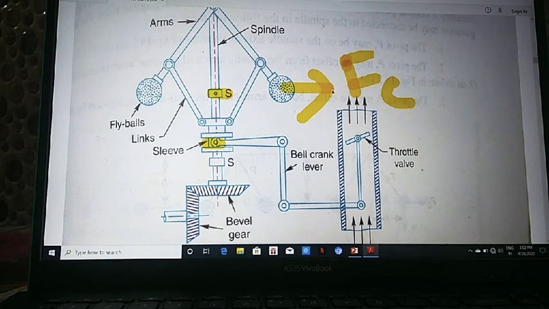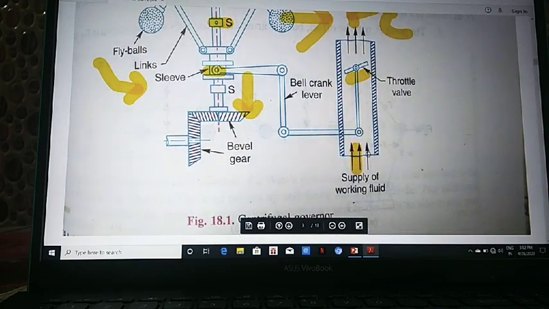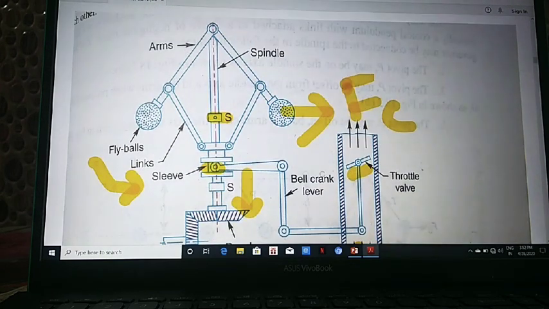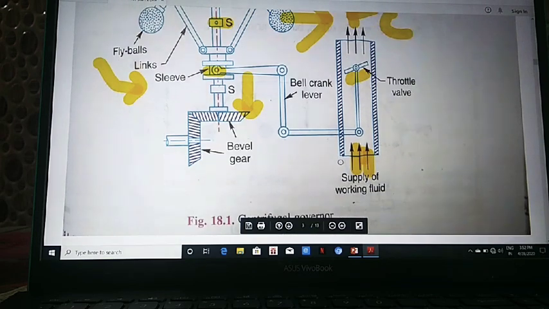When the centrifugal force decreases, because N is the rpm, when N decreases, omega also decreases. So the fly balls will move inward, and the sleeve will move downward, and the downward movement of the sleeve will open the throttle valve, so that there is a supply of working fluid, and the speed will again increase to the design limit.